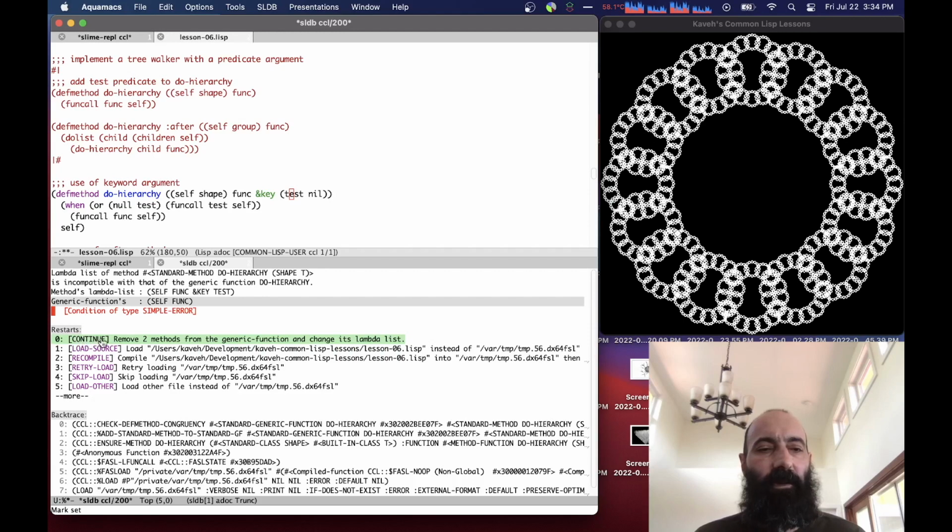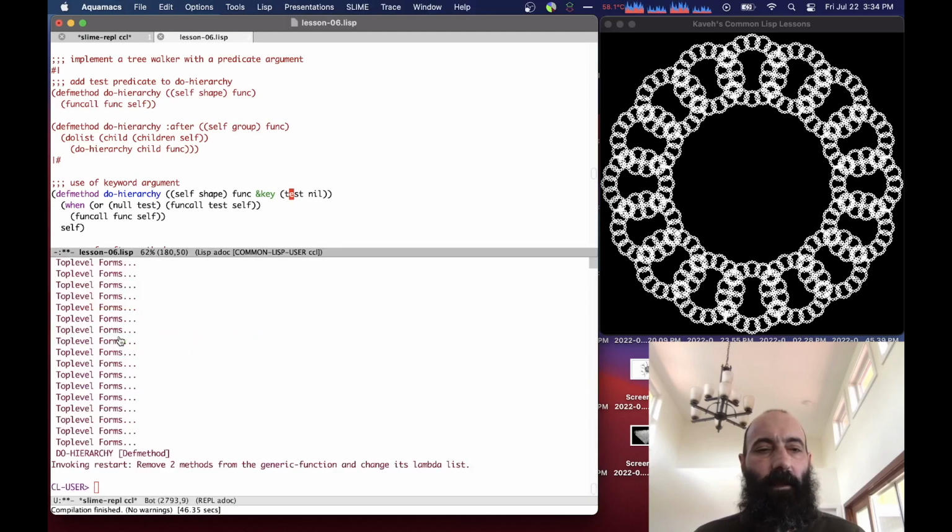And so this is the interesting one. It basically says, remove 2 methods from generic function and change its lambda list. So if I select that, it invokes the restart. It removed 2 methods from the generic function. So basically, these 2 methods no longer are bound in our image. And this is the method that we added to our generic function.